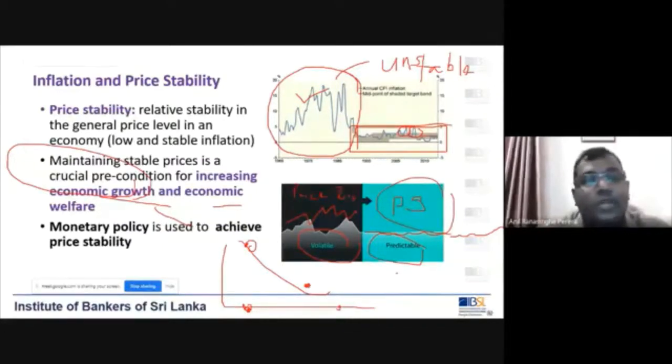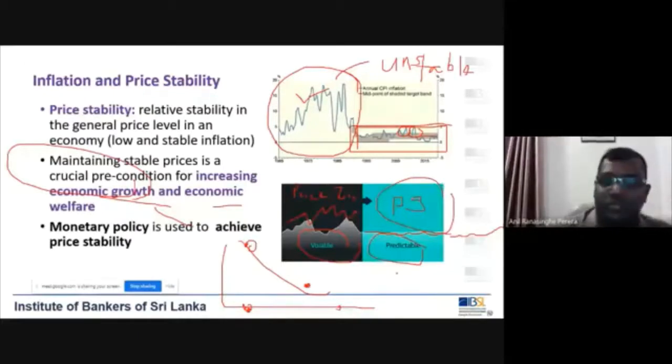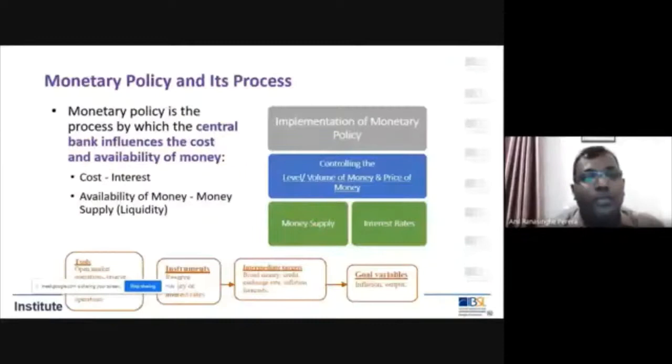Now, how is this price stability achieved in the economy? We use a policy called monetary policy. Monetary policy is used to achieve price stability. Here we define monetary policy. It is actually a policy formulated and implemented by the central bank.